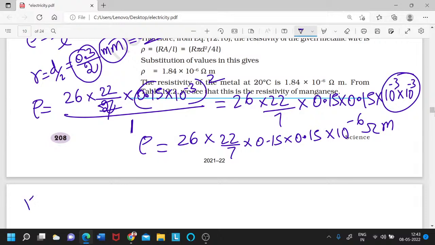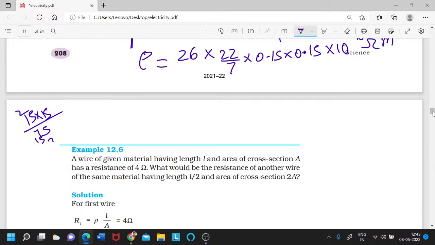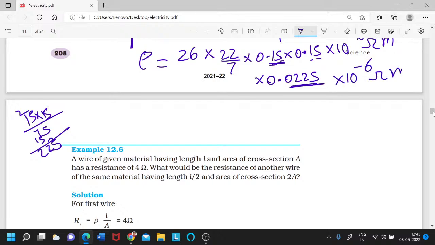15 into 15 is 225. So 1, 2, 3, 4 decimals: 0.0225, because we have 4 decimals here, same 4 decimals I kept, into 10 power minus 6 ohm meter. 22 by 7 I can write as 3.14, into 26.